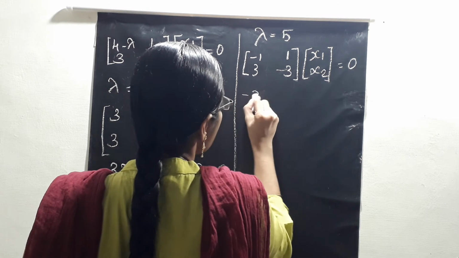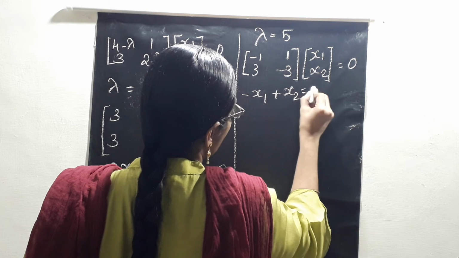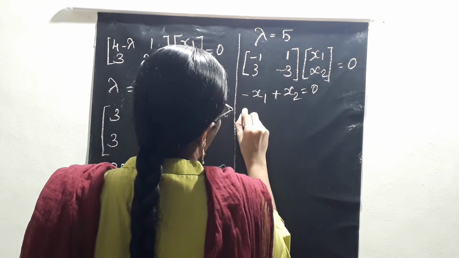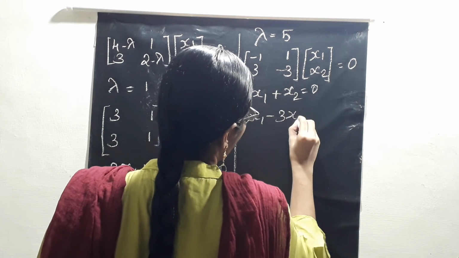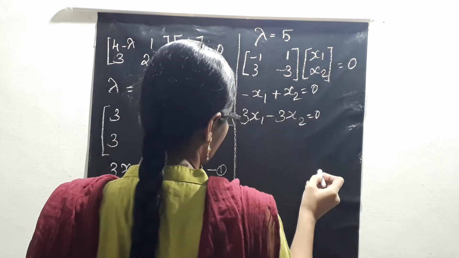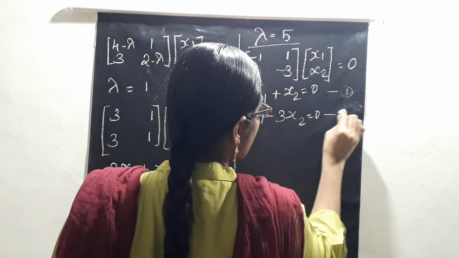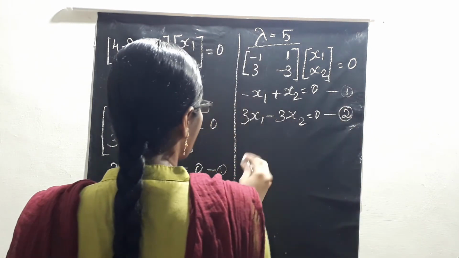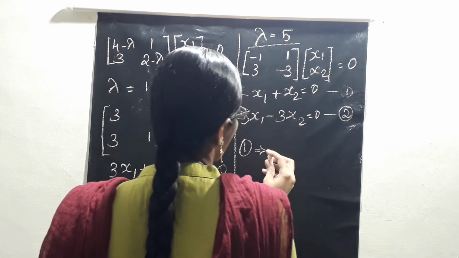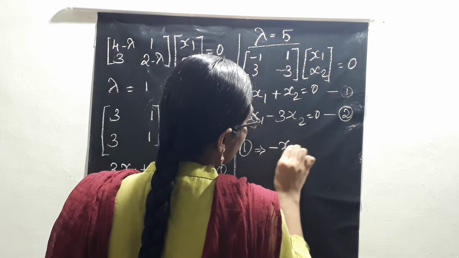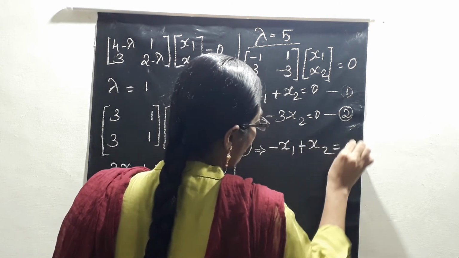You will get minus x1 plus x2 equal to 0. 3x1 minus 3x2 equal to 0. Again, these two equations are again the similar equations. So let me take the first equation alone for lambda equal to plus 5. Then you will get minus x1 plus x2 equal to 0.